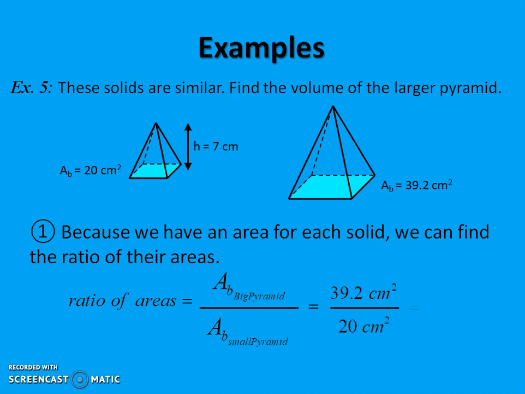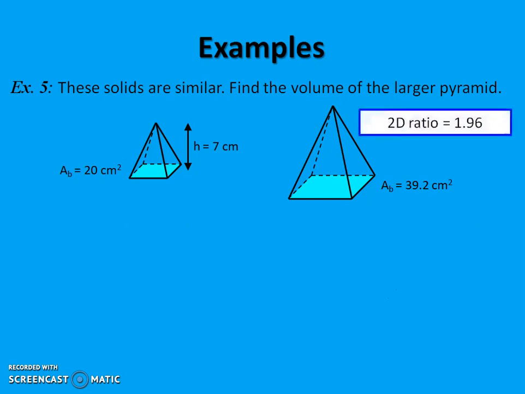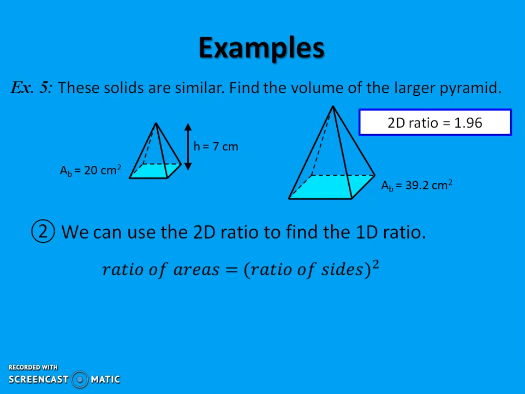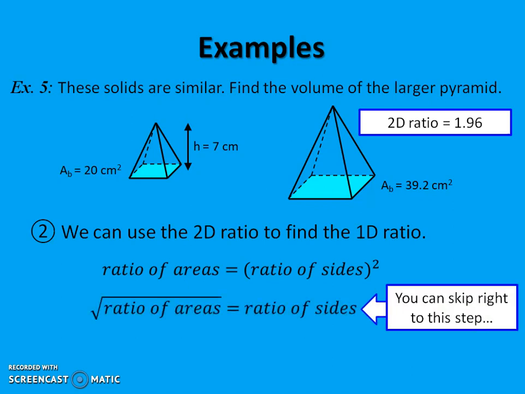Here that works out to be 1.96. That is my 2D ratio. It's what we call k squared. We haven't spoken about k, but it's the 2D ratio because they were both areas, 2D. And using that, I can figure out the 1D ratio because it's the square root of that. I know that that works out to be root 1.96, which is 1.4.